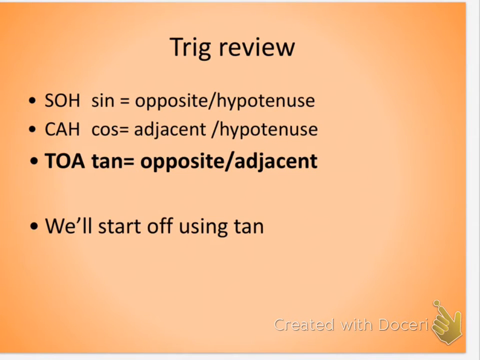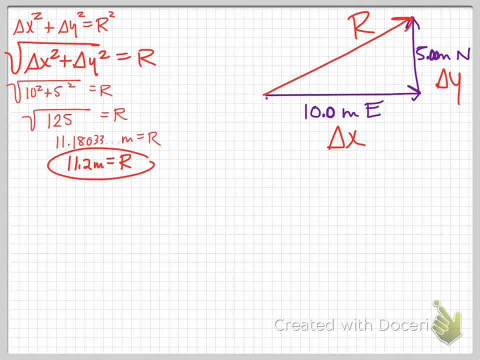SOH CAH TOA is a very helpful thing. You guys are all smart, clever critters, and you correctly identified that to do resultants, we're going to use tangent. And it's pretty easy. Because I'm making sure you have good bookkeeping on this kind of stuff, it actually develops a discipline of mind that's useful in everything else.